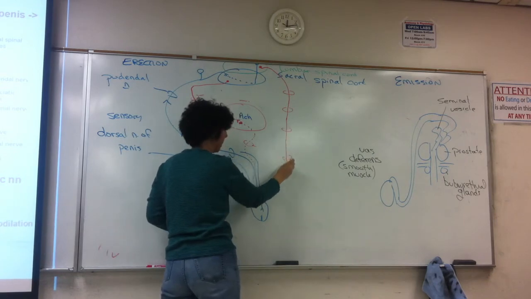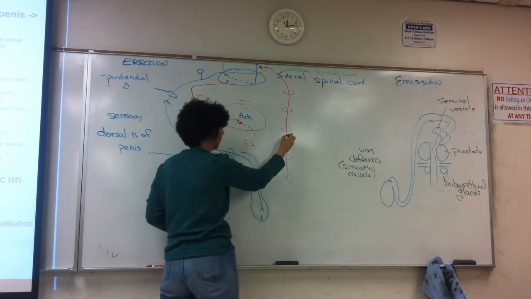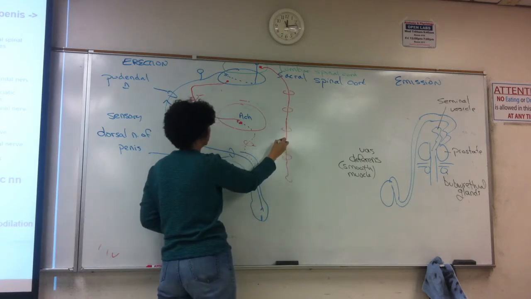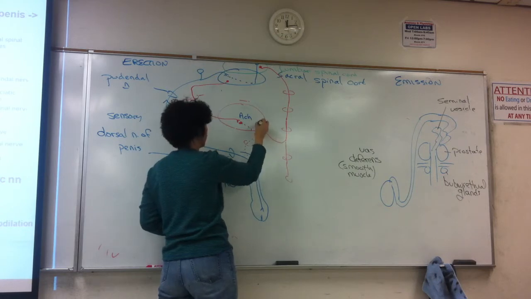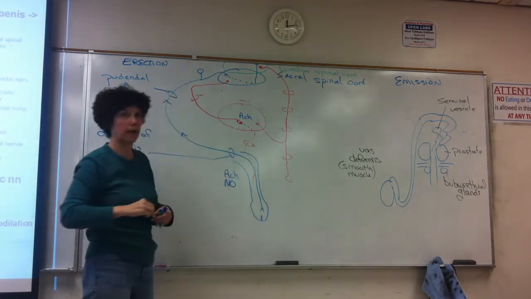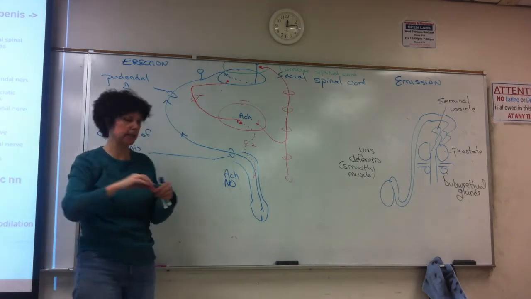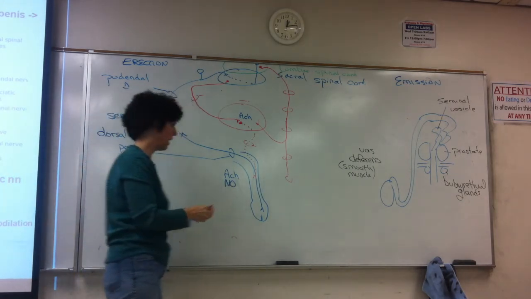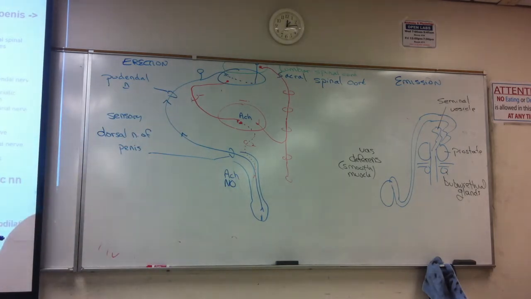Instead, they will leave and come into the inferior hypogastric plexus as well, so that same rat's nest. As such, these are identified as sacral splanchnic.